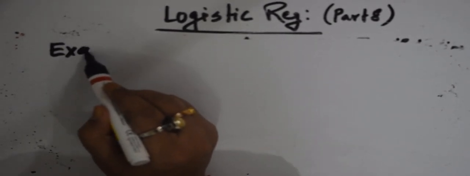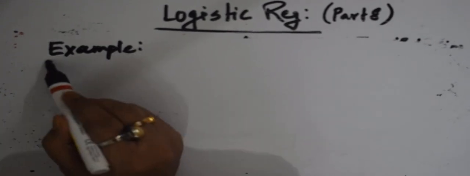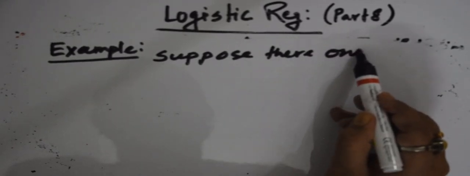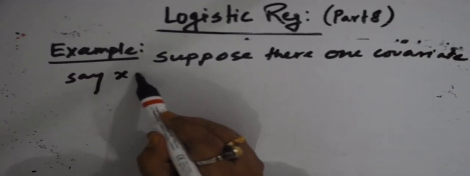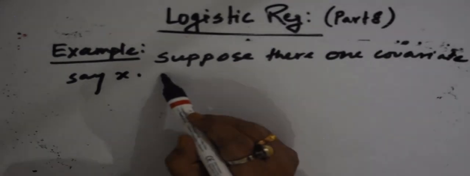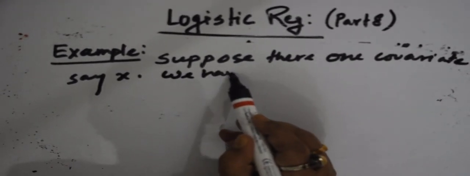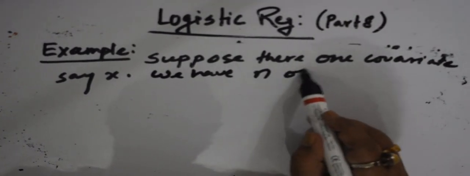Now we consider an example. Suppose there is one covariate, say x, and we have small n number of observations.